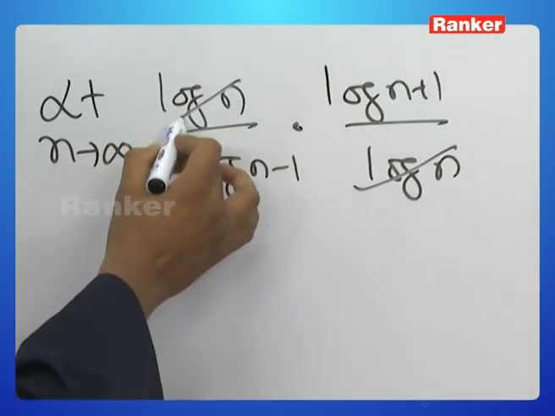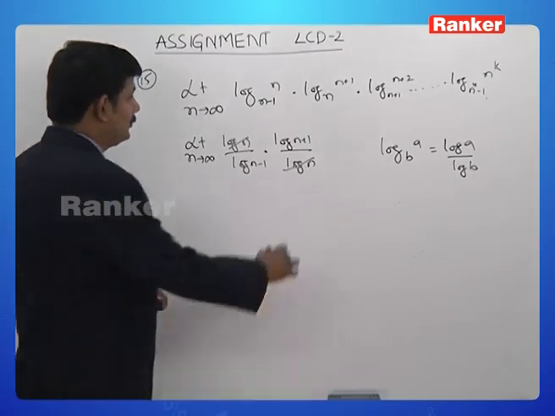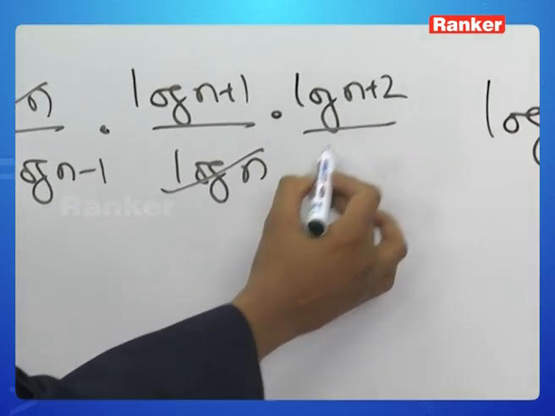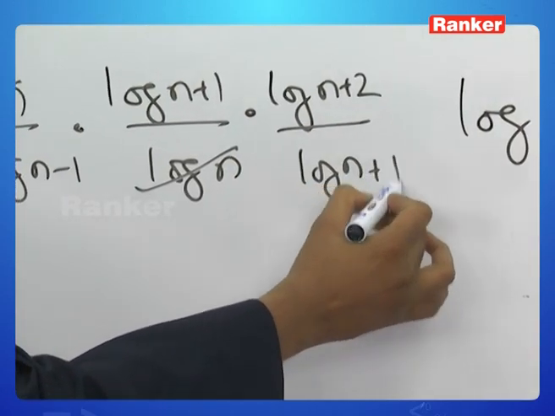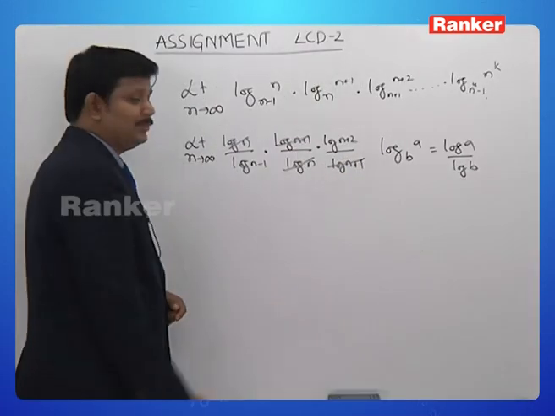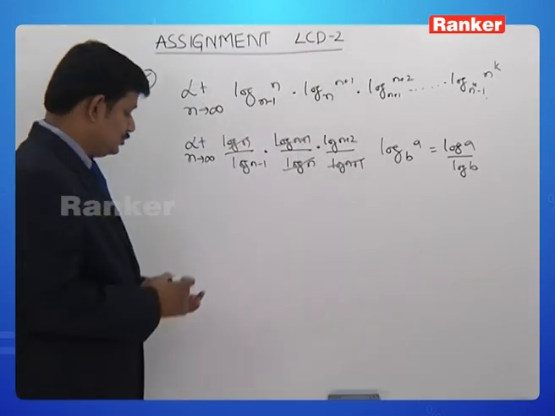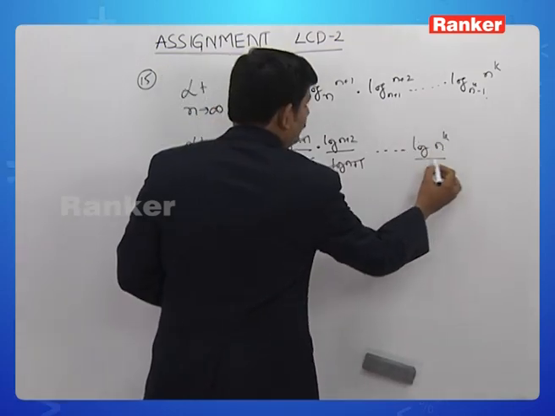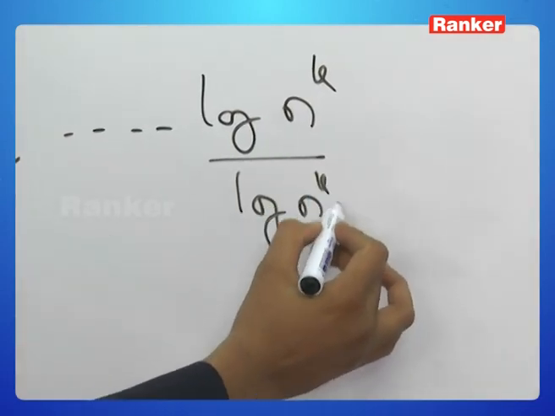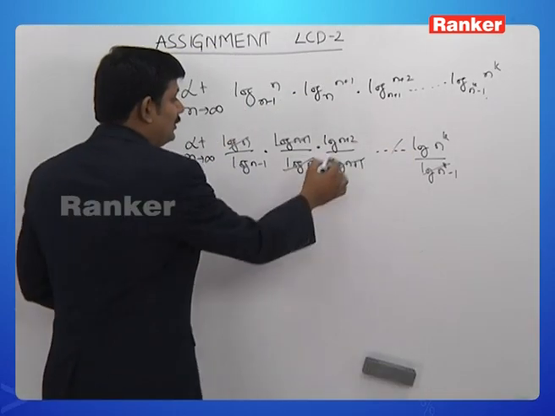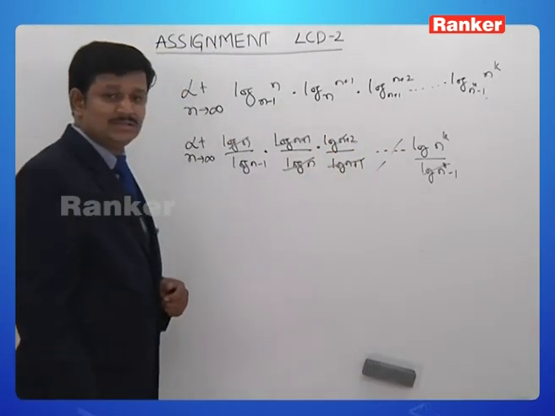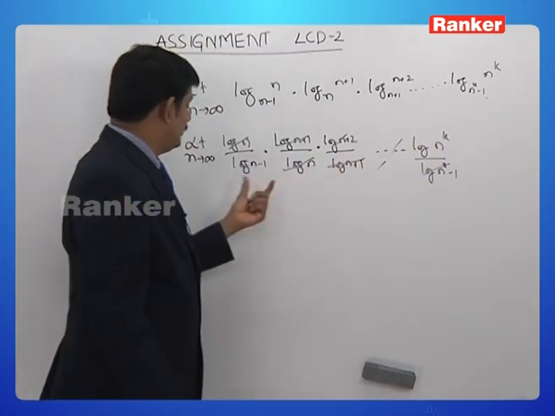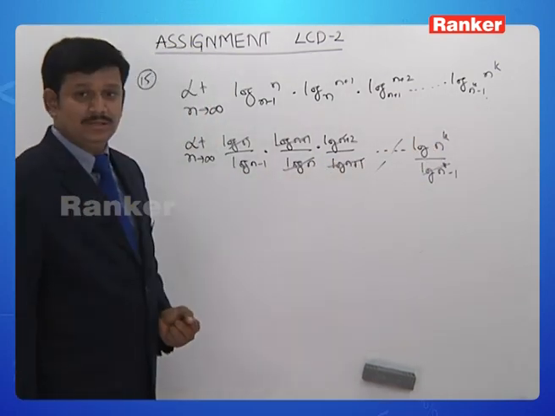We can see log n and log n get cancelled. Then log n plus 2 divided by log n plus 1. We can see log n plus 1 and log n plus 1 get cancelled. So on up to log n power k divided by log n power k minus 1. Everything gets cancelled, and we are left with log n power k divided by log n minus 1.